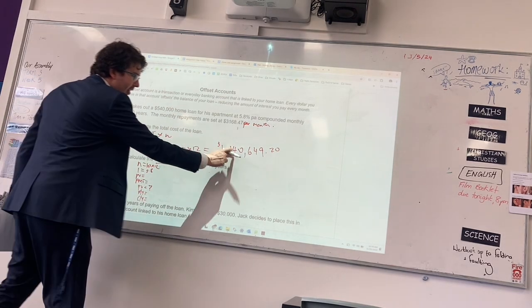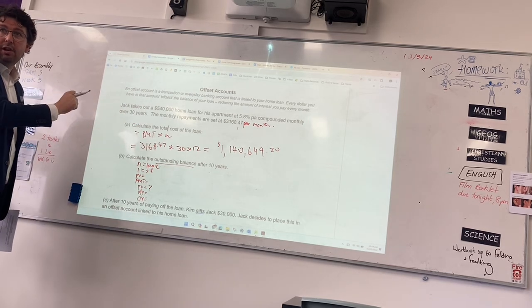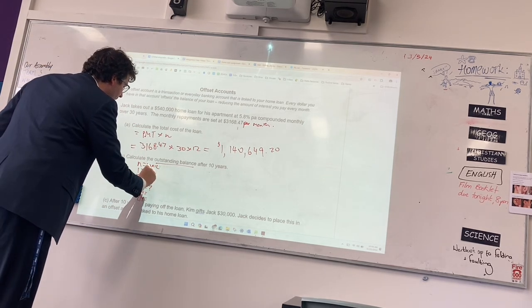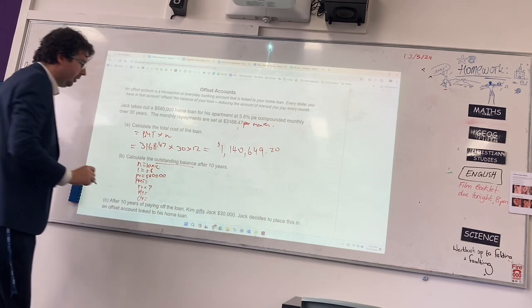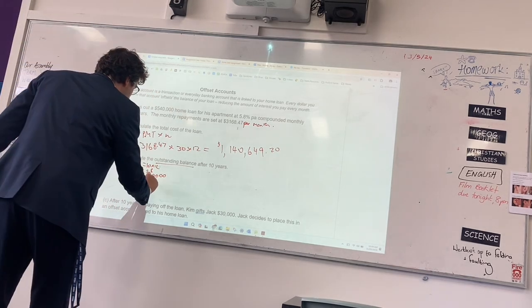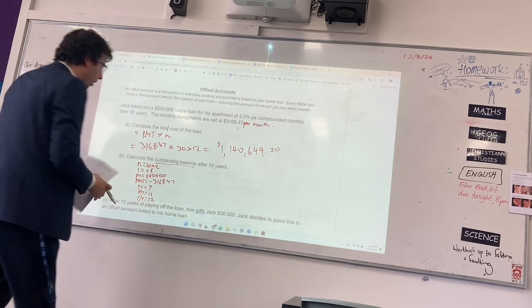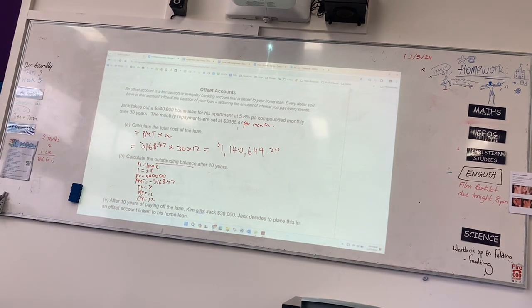PV is not this number. I saw a few people using that number. PV is the start of the loan, which is 540,000. PMT is negative 3168.47. PY and CY are 12. So I got 449,000 or so.